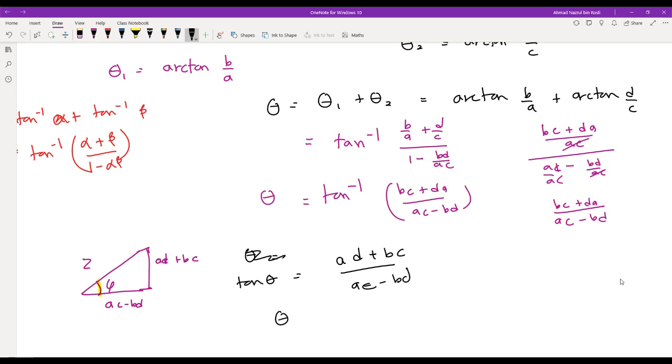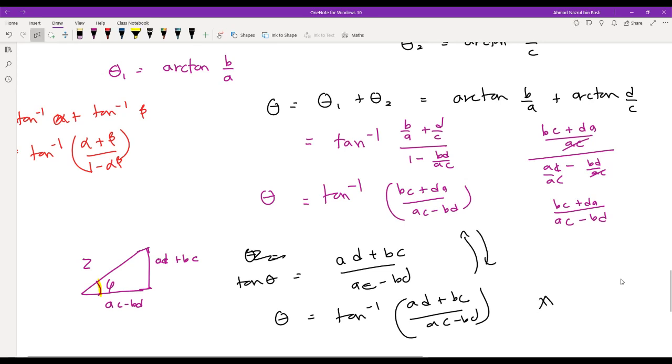So theta is equal to arctan of AD plus BC over AC minus BD. You can check here that it is similar, so it is proven. That's the angle for Z, equal to theta 1 plus theta 2. So this will be question number 1.